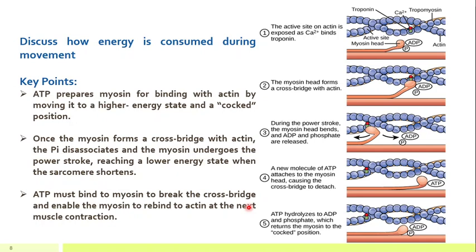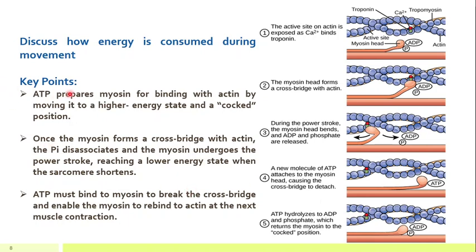So, the key points are here. ATP prepares myosin for binding with actin by moving it to a higher energy state and a cocked position. See the diagram on the right side of this slide. These are the steps by which the filament theory will be made clear to you.